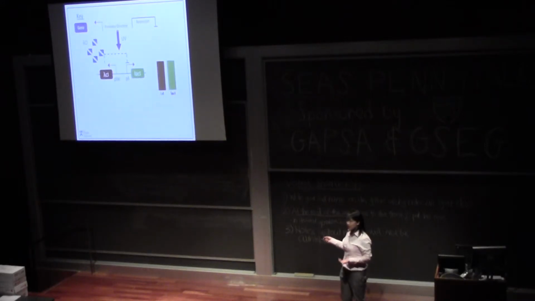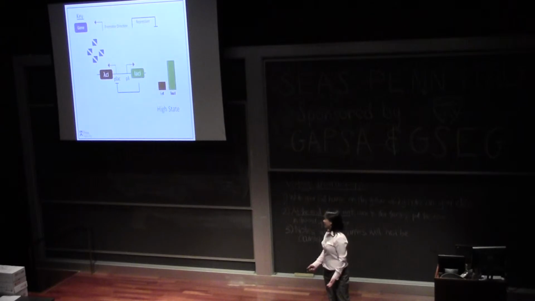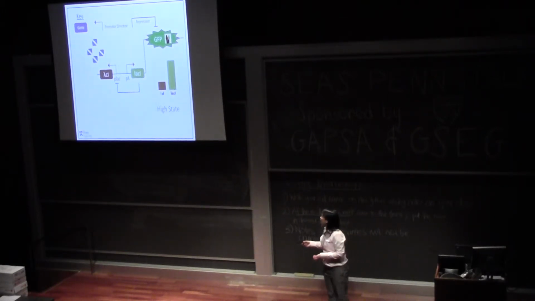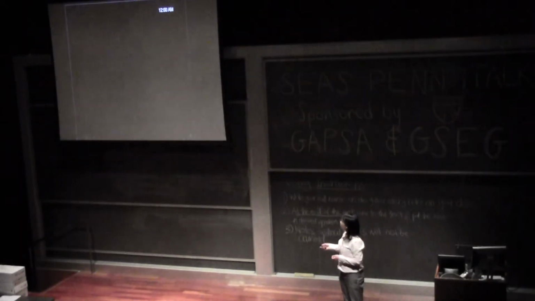And so the activity of lac-I increases. Now we're at a high state, and we call this the high state because a high activity level of the gene lac-I is linked to production of fluorescence, GFP, which we can detect optically. So this is the way that the toggle switch gene works and our biosensors work.